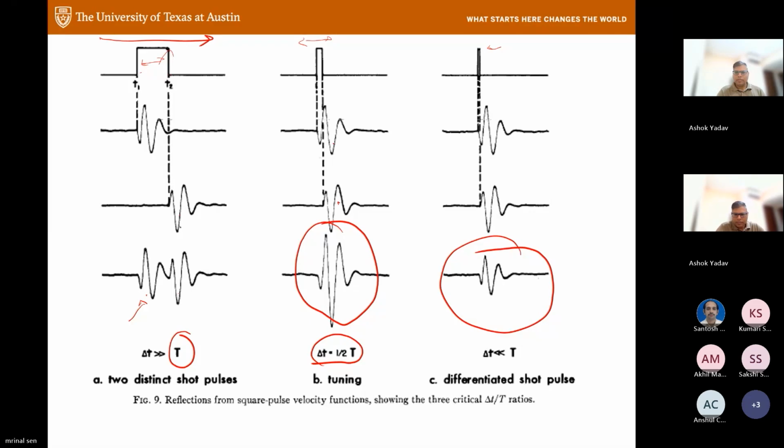This is a very good example of what you can expect in your data, because our layers are not thick.